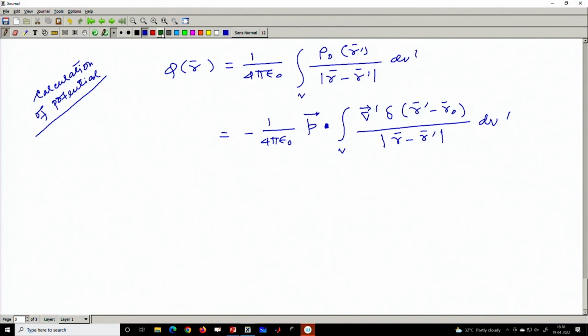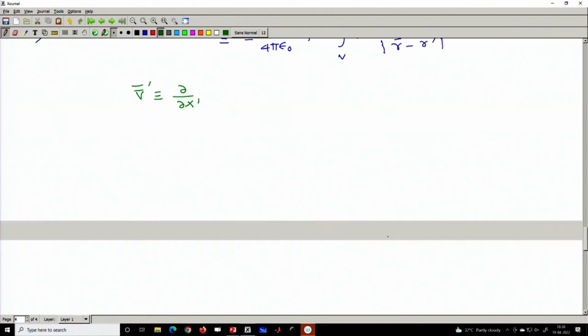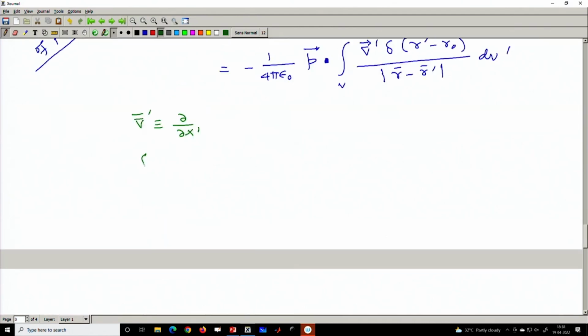Now, I make a trick here, because this operator is r prime. So, it is like I am going to use it like a chain rule, like this operator is essentially del, say del x, and if I make a prime, so that is del x prime in one dimension. I am just writing in one dimension. And the function whatever I have, delta function is like x prime minus x 0.